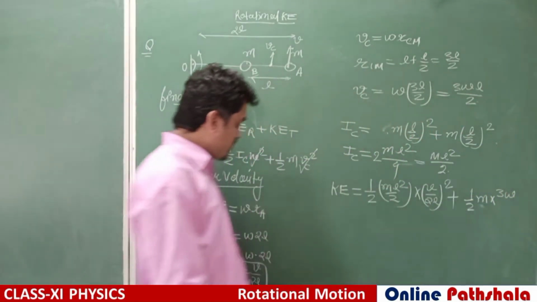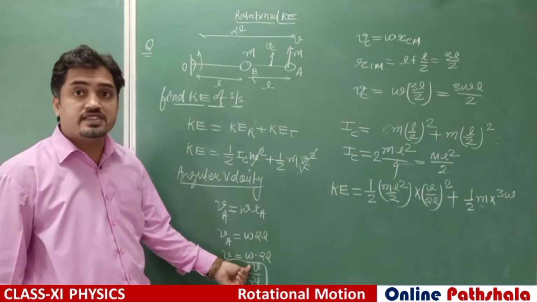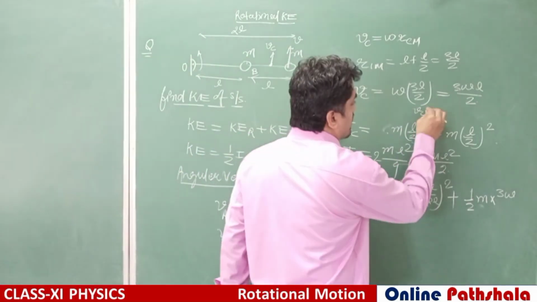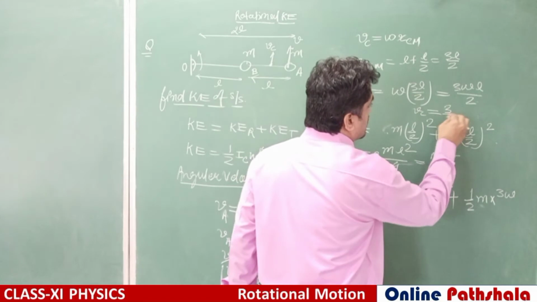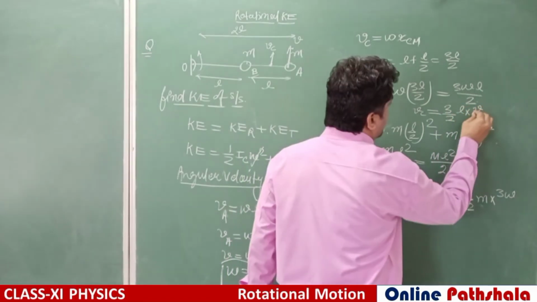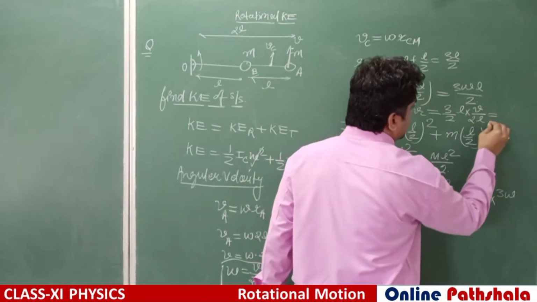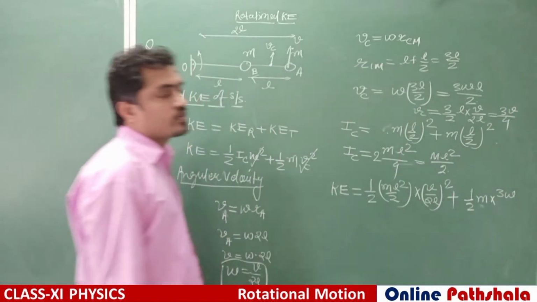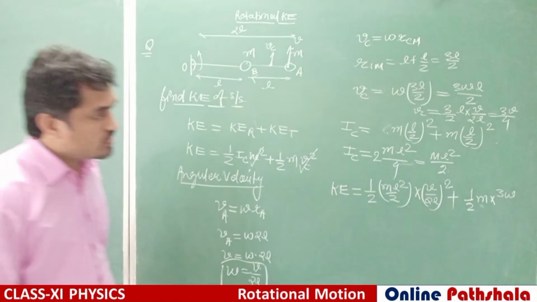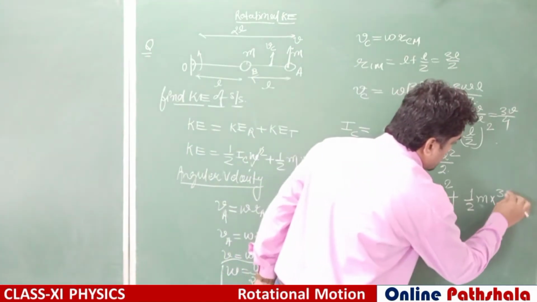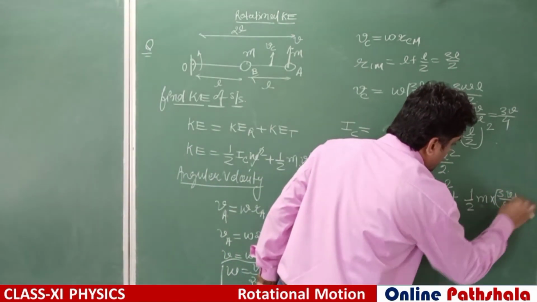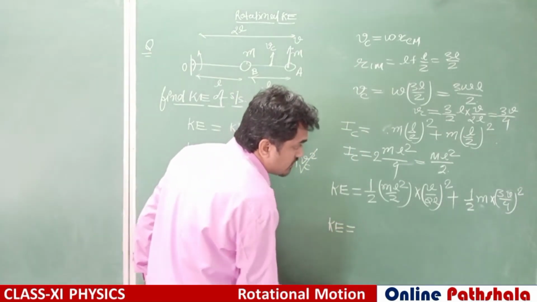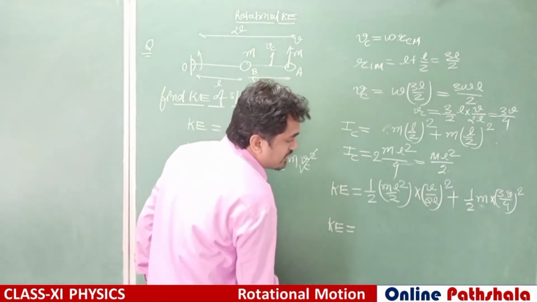We can put the value of omega, V by 2L. So this Vc is 3 by 2 L into V by 2L, and ultimately we are getting 3V by 4. So we can put the value 3V by 4 whole square. The kinetic energy of the system is equal to, this L square will cancel out.